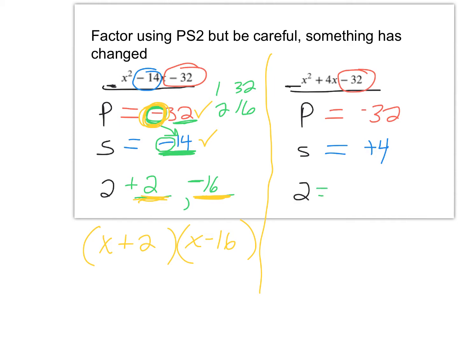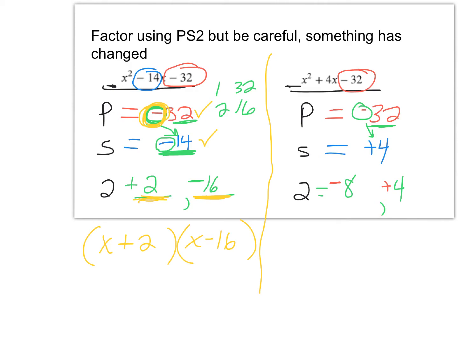All right, now, two numbers that multiply to 32 but subtract to 4. Most of you can figure out, oh, that's easy, that's 8 and 4. That's true. Now, like I said, I'm going to do this wrong on purpose. So this is what students will do. I'll make this a -8, and I'll make this a +4. If you don't do the check, you're not going to catch the mistake.